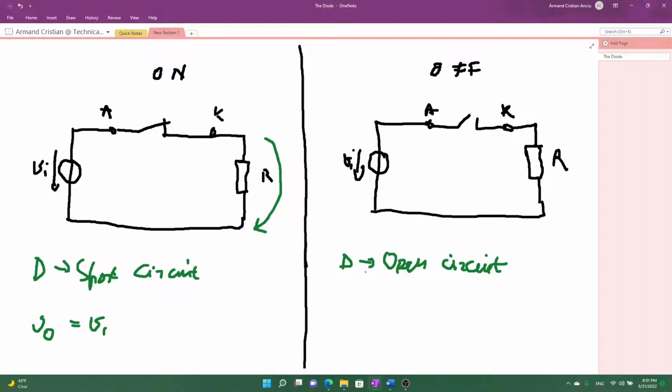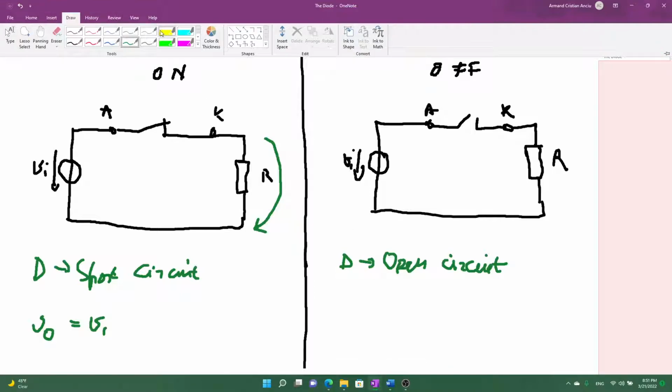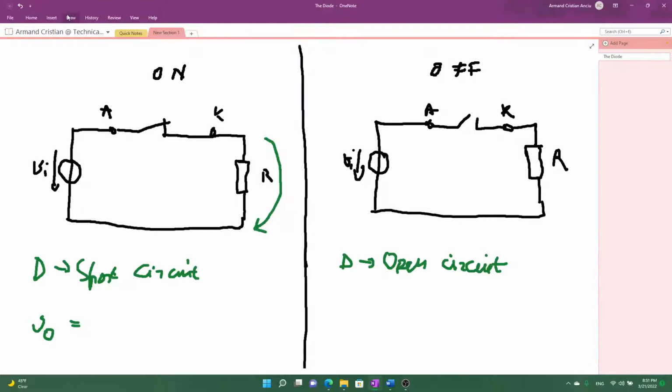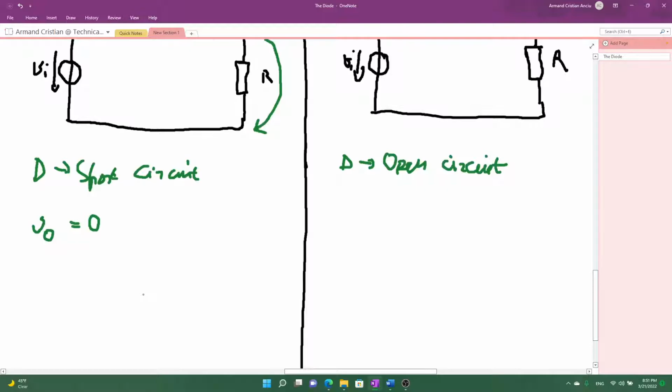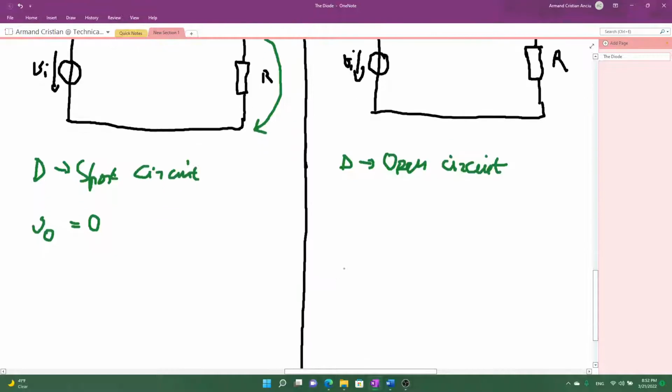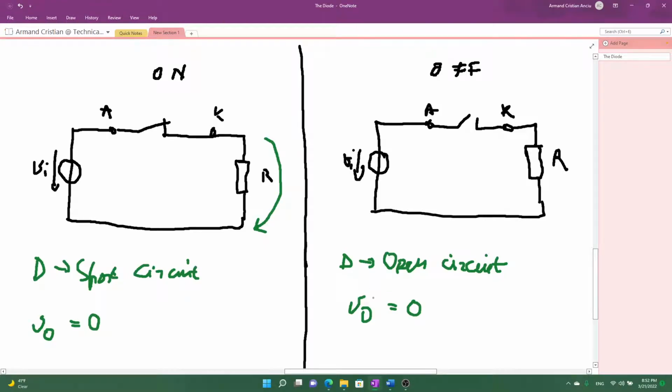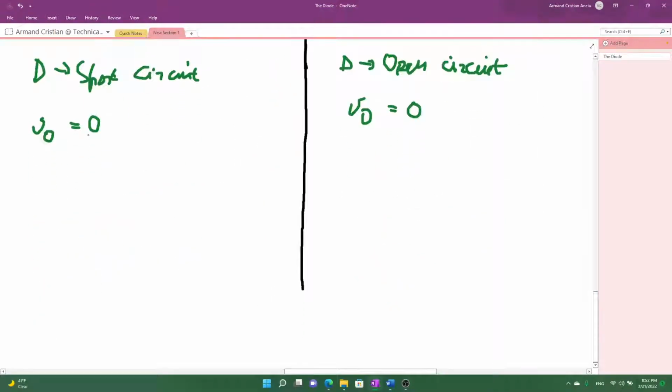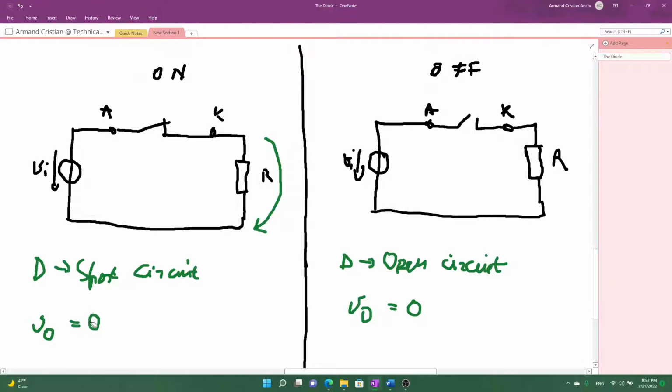For the off state of the diode, the output voltage is 0. The output voltage is 0. So let's go ahead and write this. The output voltage is 0 for the diode if it's in the off state, and for the on state, I wrote it correctly the first time.